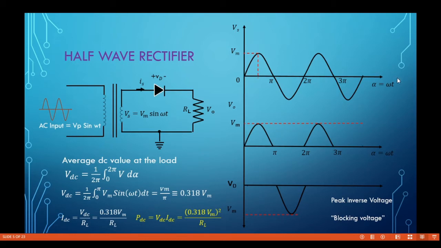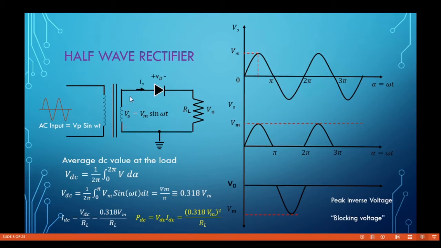Now we have considered a sinusoidal waveform with amplitude Vm, and this is a continuous sinusoidal waveform. When the cycle is between 0 and pi, we can see the signal is positive. So when Vs is positive there is a positive half, and then you have a negative half.